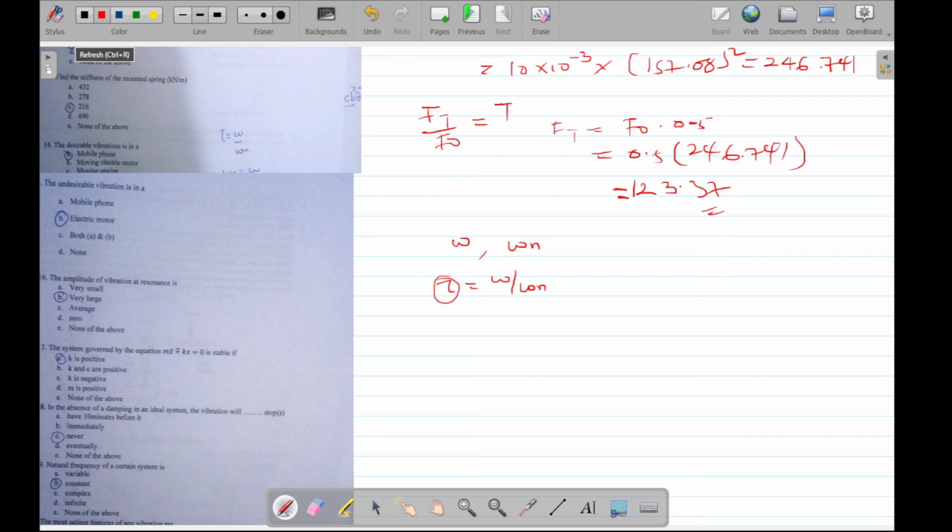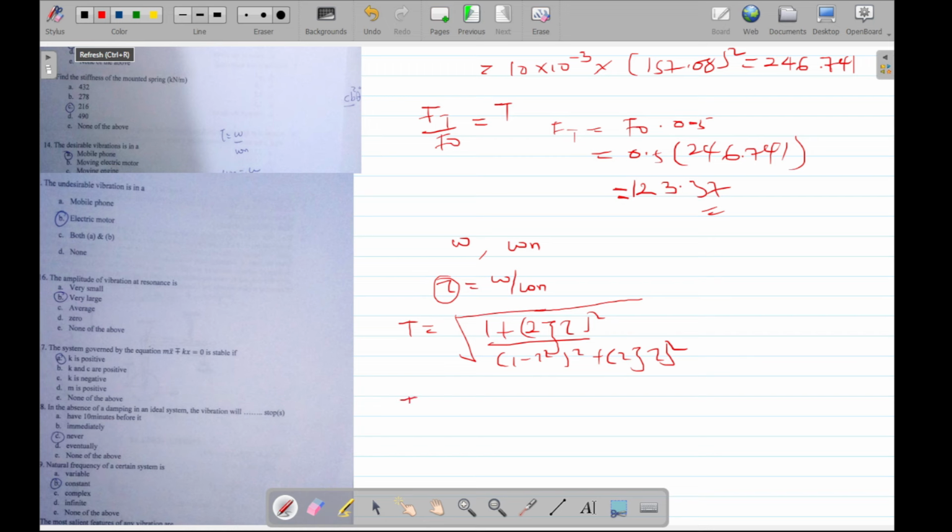The transmissibility function given. That function is equal to the square root of (1 plus (2 zeta tau) all squared) over ((1 minus tau squared) all squared plus (2 zeta tau) squared). I advise my students, you can expand this, but for objects it's a lot of time. So you just put everything in the calculator and make it solve for you.